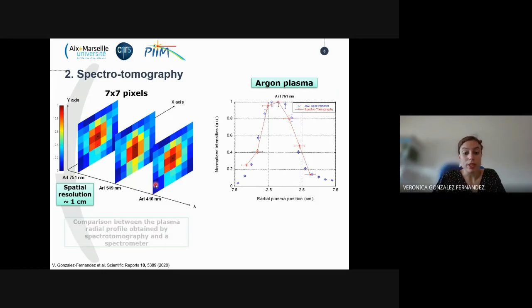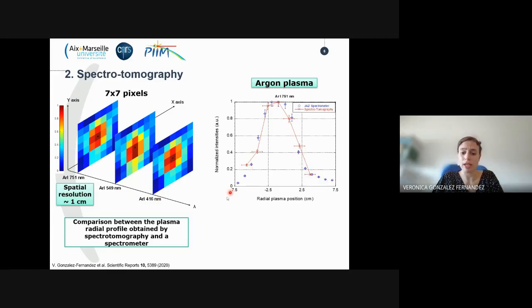To validate our technique, we have compared the values obtained in this central row with the radial profile obtained via the JAS spectrometer. In this case, we are always working with argon plasma. And as you can see, with this spectrotomography technique, we are able to reproduce the profile of the plasma. So our technique is successfully validated.